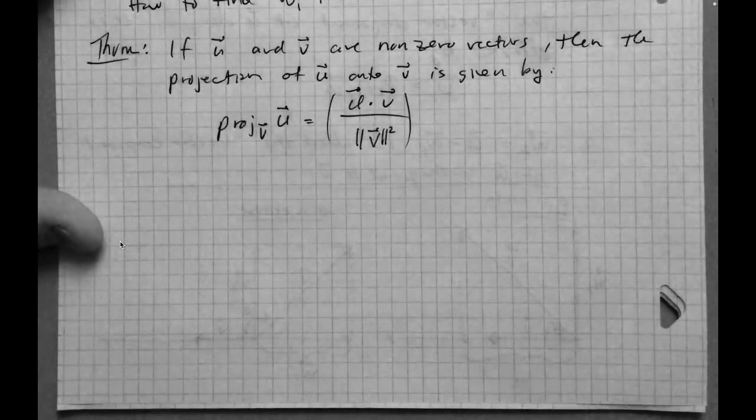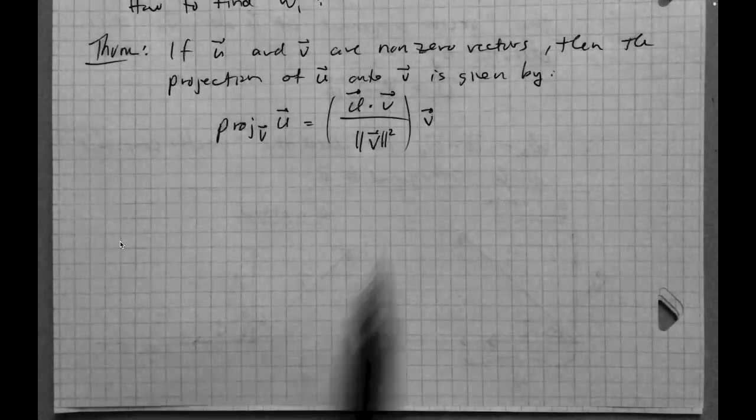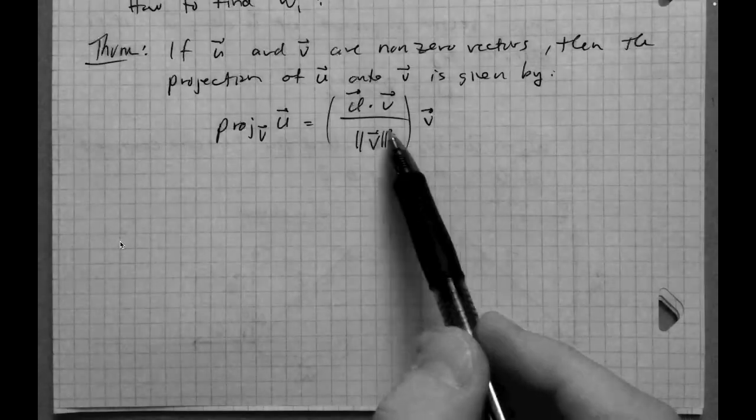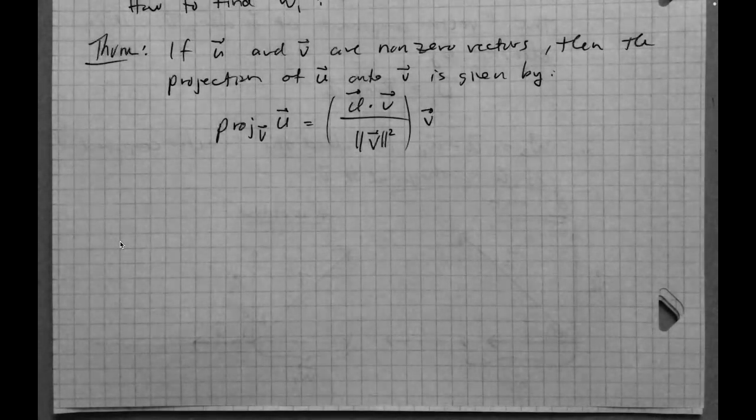That's a scalar. You multiply that by V, right? So remember, we're projecting onto V, so we need something that's in the same direction as V, but it just needs to be longer or shorter, right? So just remember what that picture looked like.